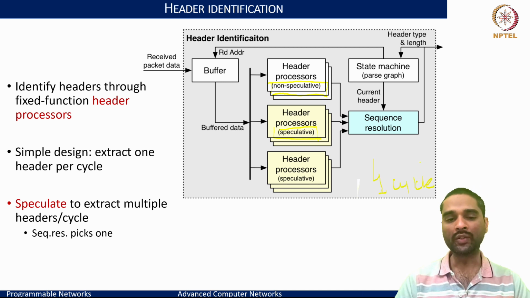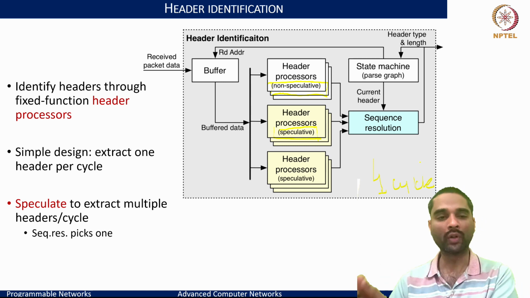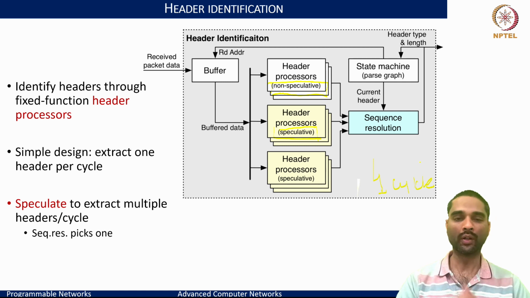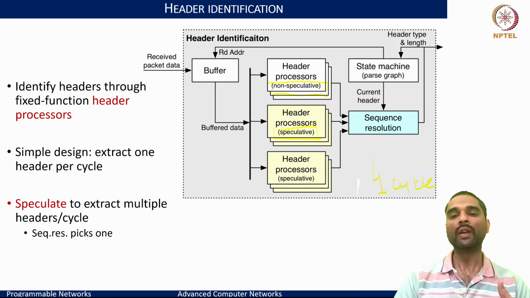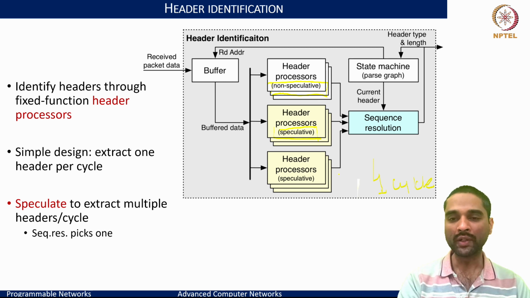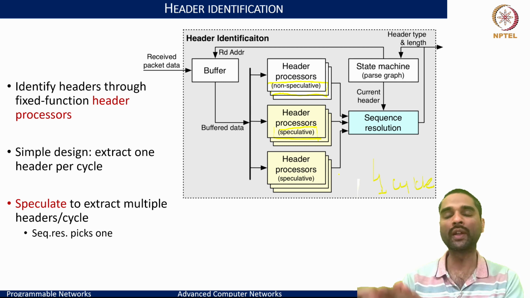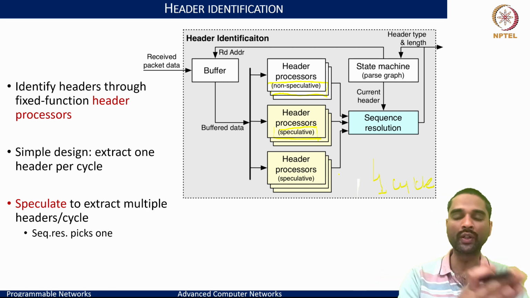For each cycle, you do one stage of operation and add the set of actions that you want to process. So in a very simple design, you would extract one header per cycle. But in a more optimized design, in a single cycle we can also extract multiple headers and speculatively extract them earlier rather than just doing it in a sequential fashion.